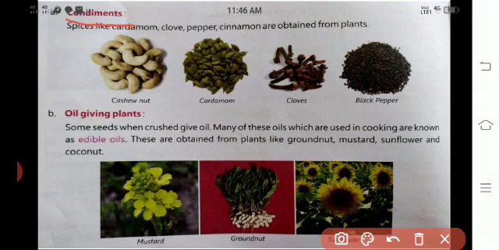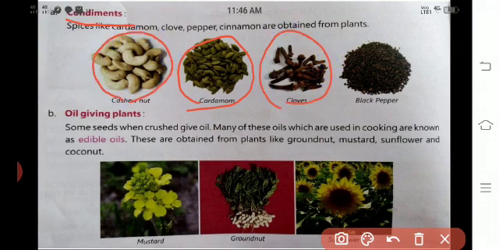Spices like cardamom, clove, pepper and cinnamon are obtained from plants. Cardamom is this one. This is cashew nut, it's a nut only. Cloves and black pepper. Have you seen these in your kitchen? Yes, we can see these in our home while cooking.